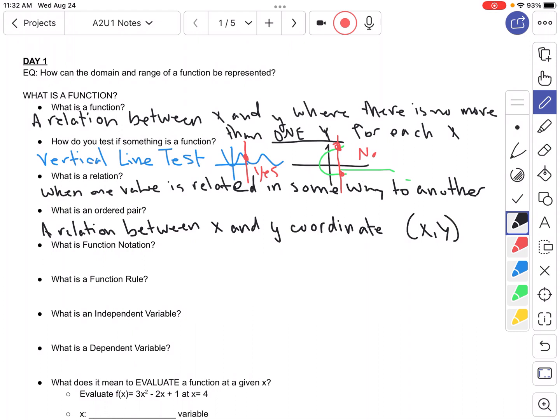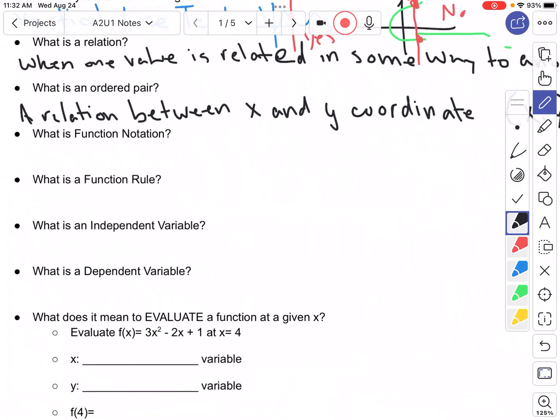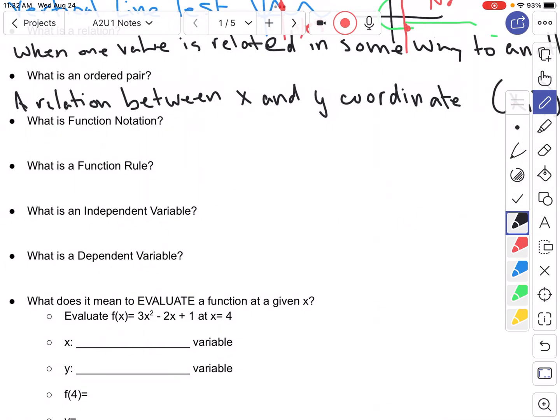What is function notation? So function notation is using f of x. That's how it's written and that's how it's worded. F of x instead of y.